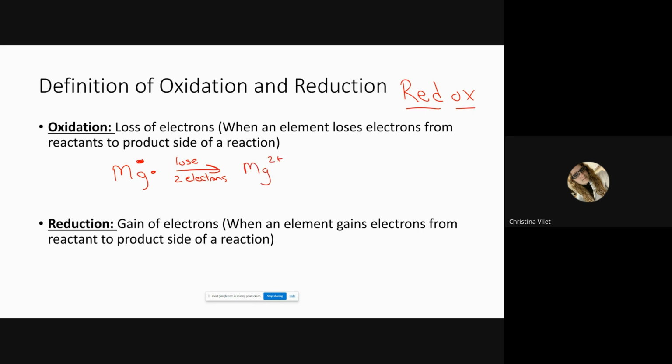And when oxygen went into the compound MgO, it would gain 2 electrons in doing so. And so now we have a name for this. An element that loses electrons, we classify that element as being oxidized. An element that gains electrons, we classify that element as being reduced.